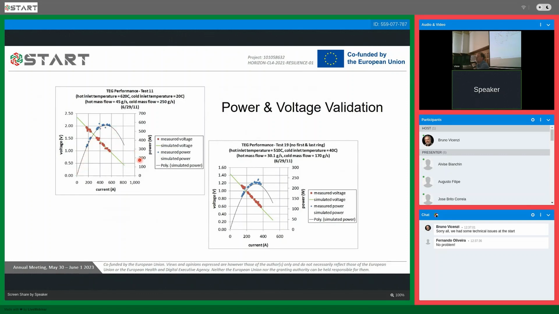And you can see that we were able to really simulate and duplicate that performance. I'm just showing a couple of examples here. This one at 620 C, this one at 510 C. And we're really able to capture what is going on from both a voltage and a power standpoint.